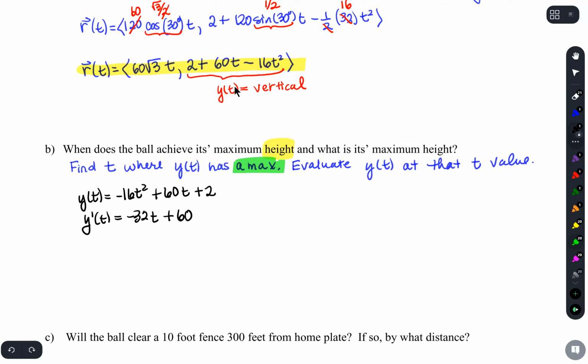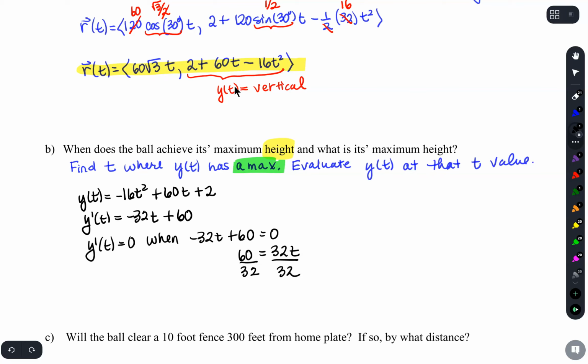So now let's go ahead and search for critical points. So we'll say y prime of t equals 0 when negative 32t plus 60 equals 0. Let's add 32t to both sides of this equation. So 60 equals 32t. And then let's go ahead and divide by 32.